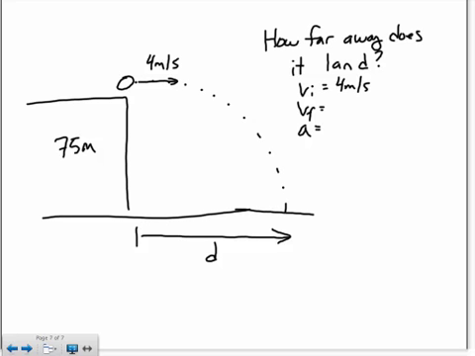There's nothing pushing it. There's nothing accelerating it in the x direction. So this acceleration is 0 meters per second squared. In the x direction, it will always be 0 meters per second squared. In the y direction, it will always be 9.8 meters per second squared, unless we're on a different planet.